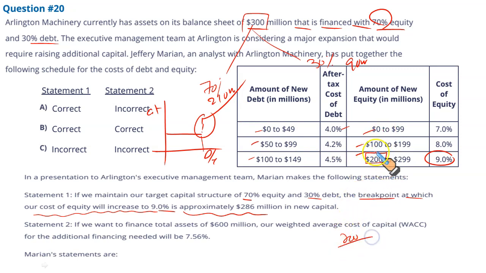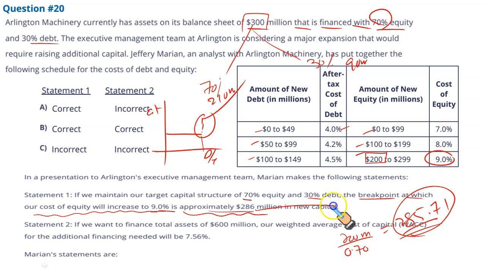You know the formula: 200 million equity divided by the proportion of equity within the overall composition of your capital. 200 divided by 0.7 gives you 285.71. If the funding needs are 285.71, out of which 70% will come from equity, there will be a break point. So if we maintain our target capital structure of 70% equity, 30% debt, the break point at which our cost of equity will increase to 9% is approximately 286 in new capital, out of which 70% will come from equity. So that is a correct statement.